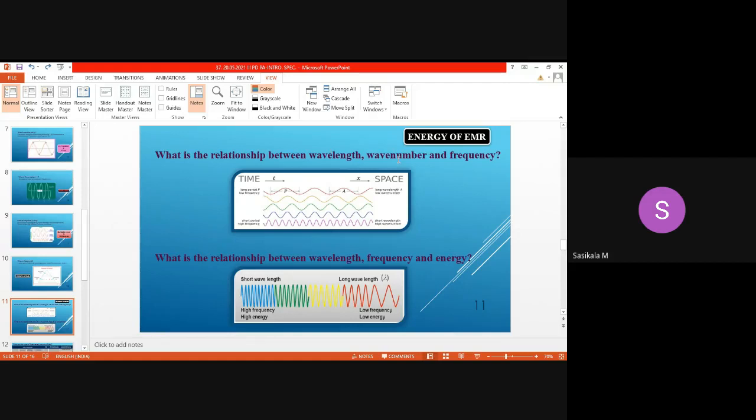Wavelength, lambda, in centimeter. Wave number, number of waves, in centimeter inverse. Frequency, nu, in cycles per second or hertz. Here you can see long period, low frequency, long wavelength, low wave number.